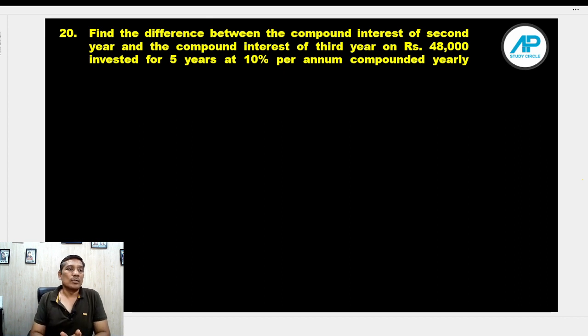I move on to question number 20. Find the difference between the compound interest of the second year and the compound interest for the third year. A very easy question it is. So I've got the principal given to you.